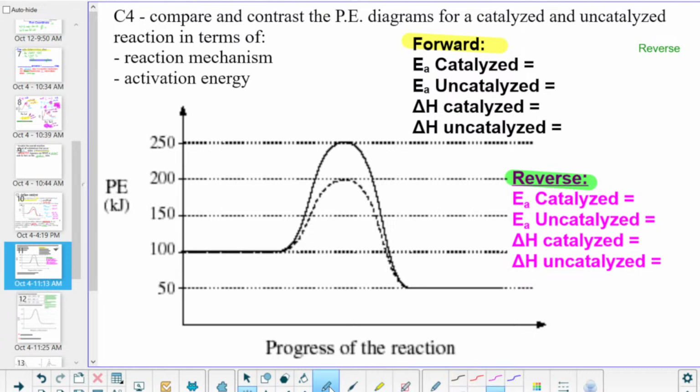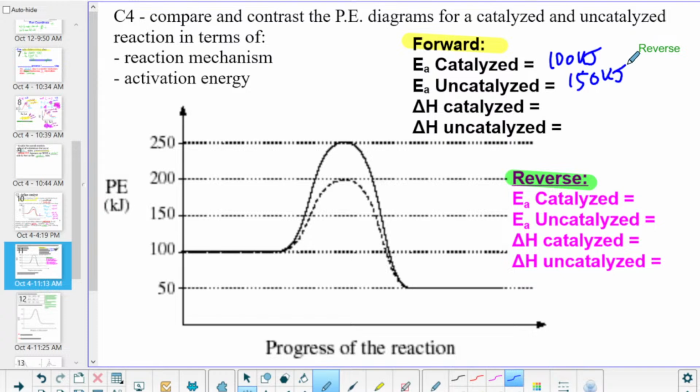The solid, uncatalyzed solid. First up, paying attention. Eshwan, EA catalyzed, 100 kilojoules. And James, EA uncatalyzed, 150.